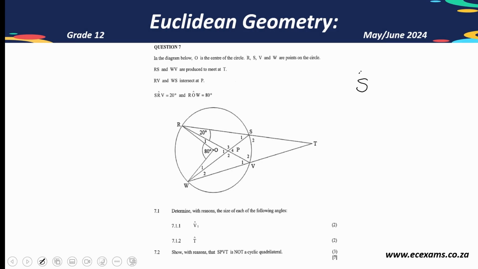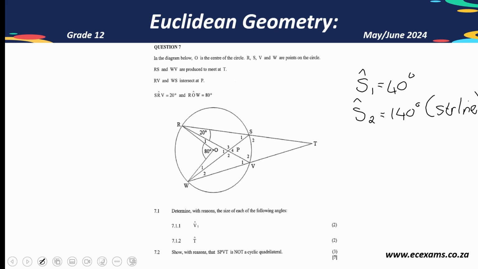We said earlier that angle S1 was equal to 40 degrees over there. We then said that angle S2 was equal to 140 degrees. Why? That was a straight line.